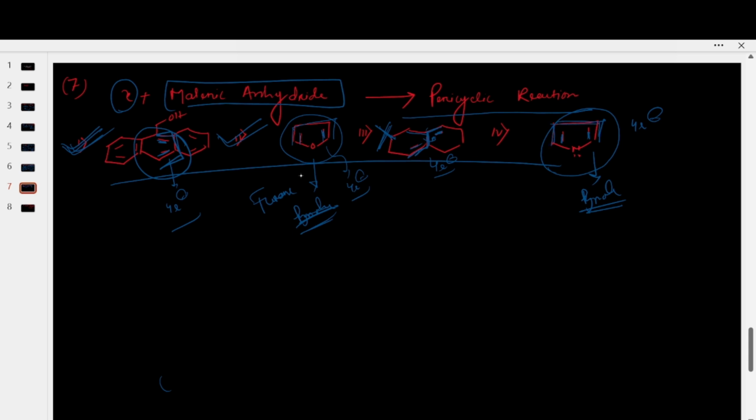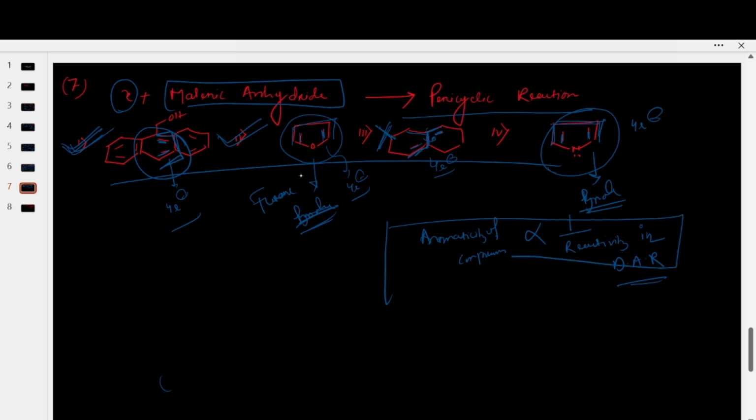So what is the reason? The reason is that the aromaticity of a compound is inversely proportional to its reactivity in the Diels-Alder reaction. So you have to remember this.